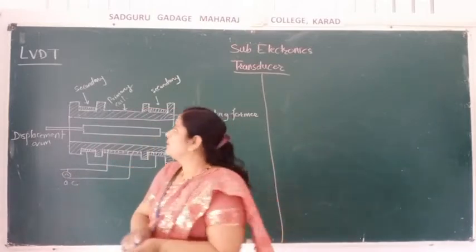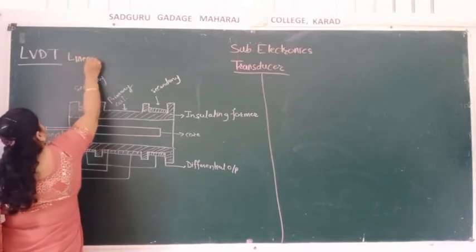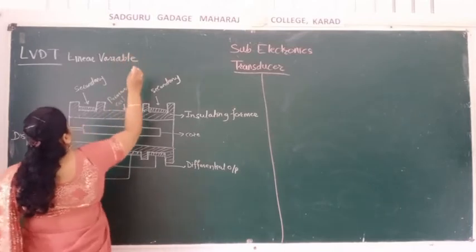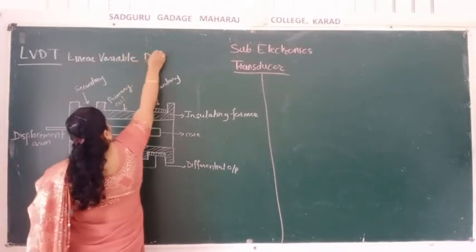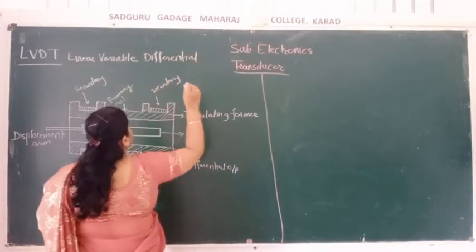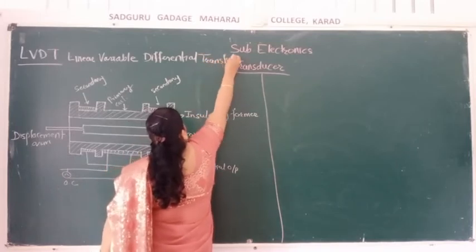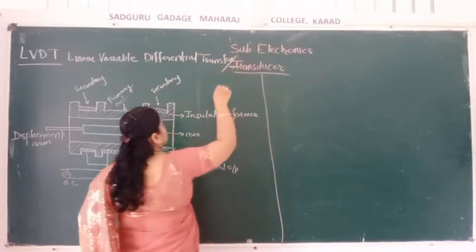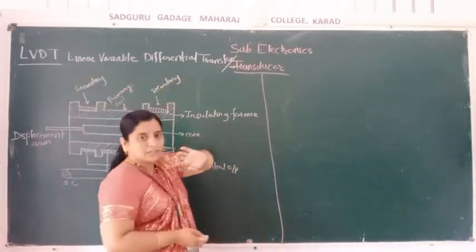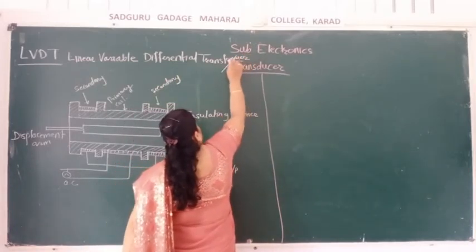LVDT is nothing but the linear variable differential transformer, or it is also called a transducer.